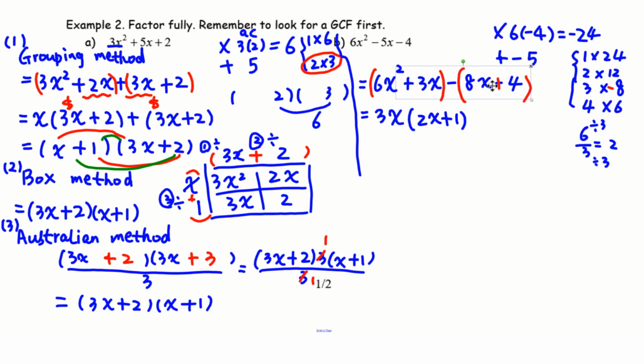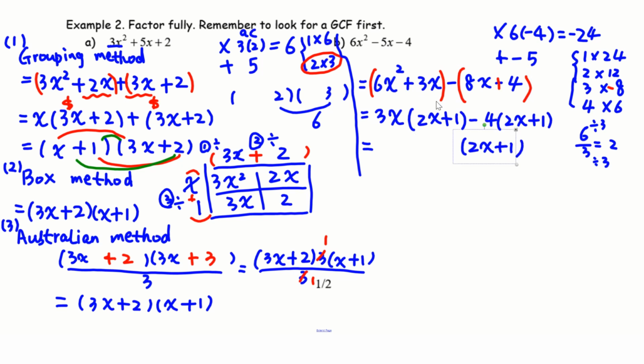Then you have a hint that the last two must give you 2x plus 1 after taking out the common factor. So 8 divided by 2 gives you 4. Then each term divided by 4 is 2x plus 1. Then treat the 2x plus 1 as a unit.